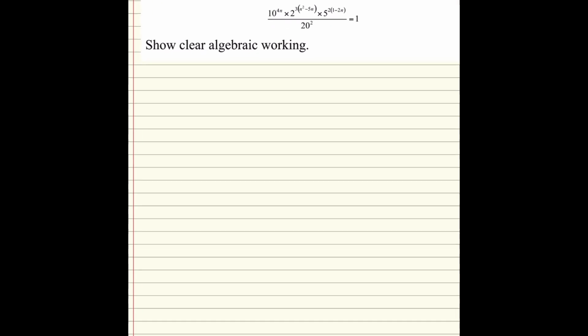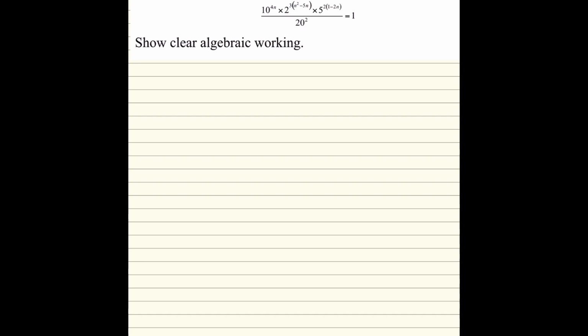Okay, so for this I would have started with 10, so the 5 times 2, all to the power of 4n, times 2 to the power of 3n squared, take away 5n, times, oh sorry, I'll go back, let's get this stuff sorted, 3n squared, take away 15n, times 5 to the power of 2, take away 4n, all divided by 5 times 4, all squared, because 20 equals 5 times 4.